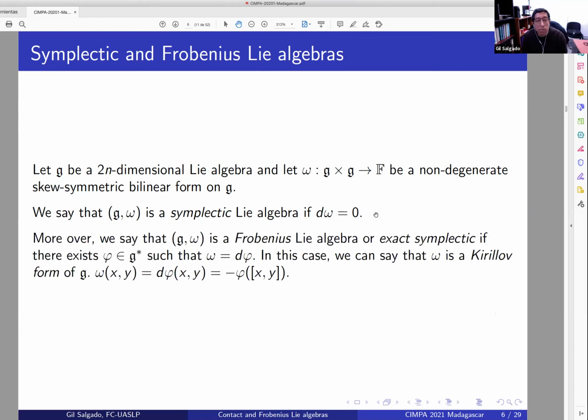Moreover, we say that the pair is a Frobenius Lie algebra, or exact symplectic, if there exists a one-form, in this case denoted by phi, such that omega is the exterior derivative of the one-form. In this case, we say that omega is a Kirillov form on G, and by definition, we can compute omega using these equalities.